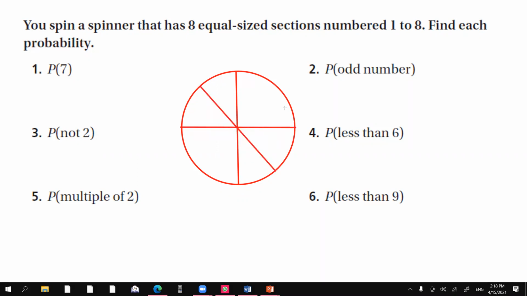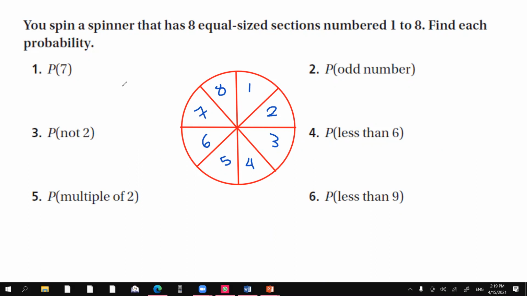They are equal-sized, which means they are equally likely. Then they have numbers like 1, 2, 3, 4, 5, 6, 7, and 8. Now, find each probability. Number 1, probability of getting number 7.